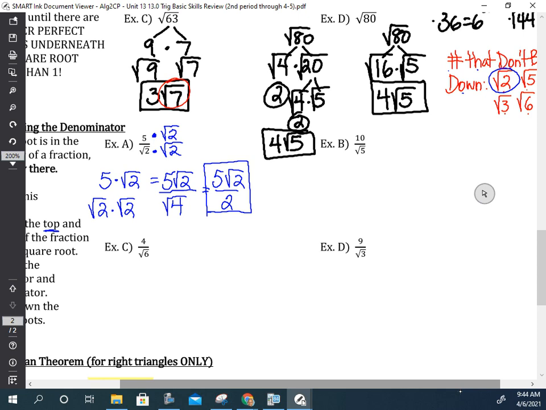So part B, we do the exact same thing. 10 divided by the square root of 5. Same rules apply. The square root of 5 can't stay there. So you need to multiply the top and the bottom by the square root of 5. And 10 times the square root of 5 is 10 square root of 5.